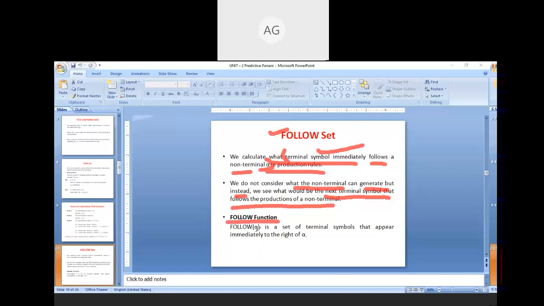Follow of alpha, this is the generalized form, means the follow of a non-terminal is a set of terminal symbols that appear immediately to the right of alpha. This is the follow function. Let's discuss the rules of calculating the follow in the next slide.